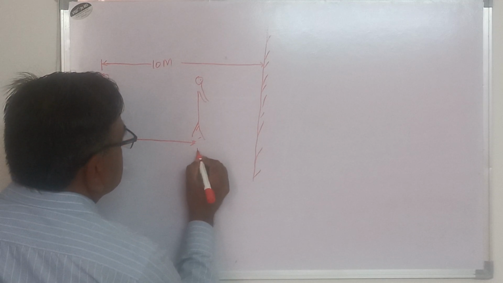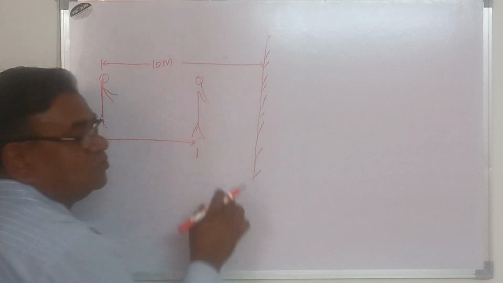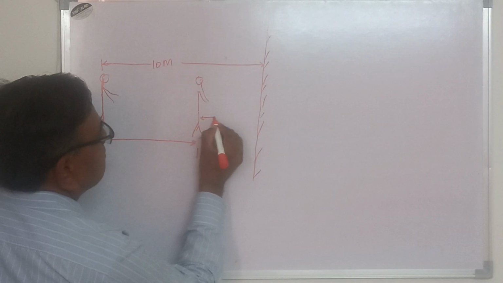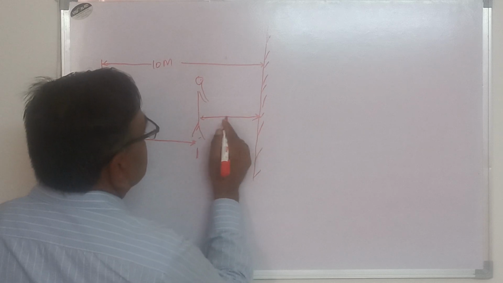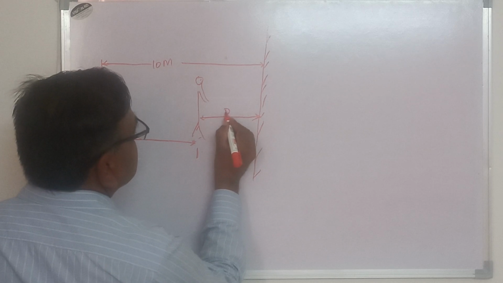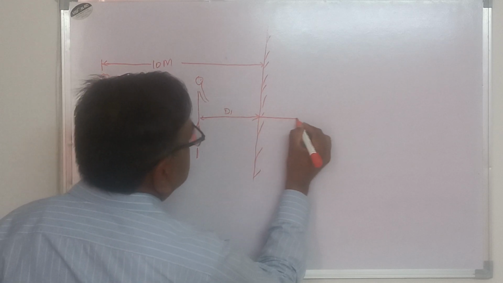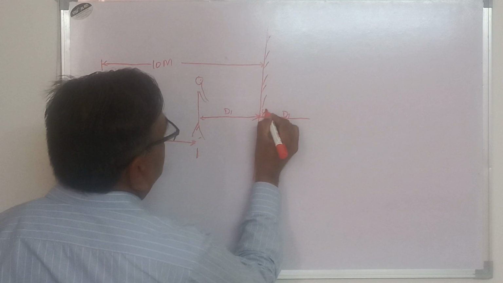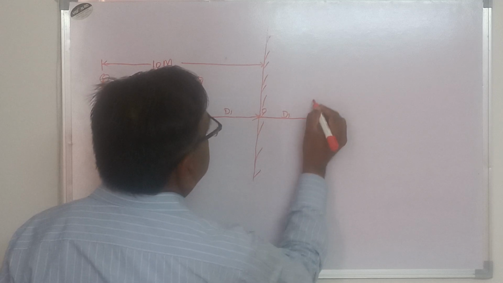So the distance between him and the image, you know, if this is the distance from the mirror, D1, then the image will also be at D1 from point O. So here will be its image.